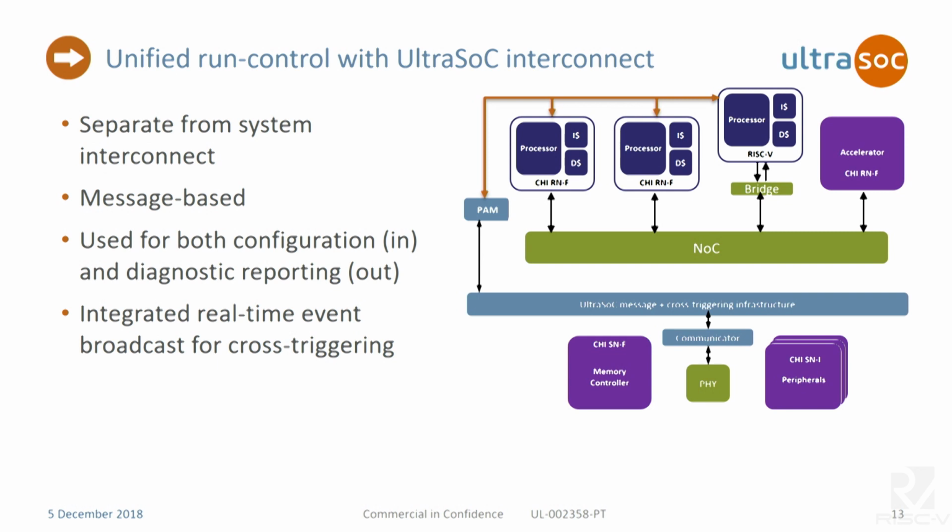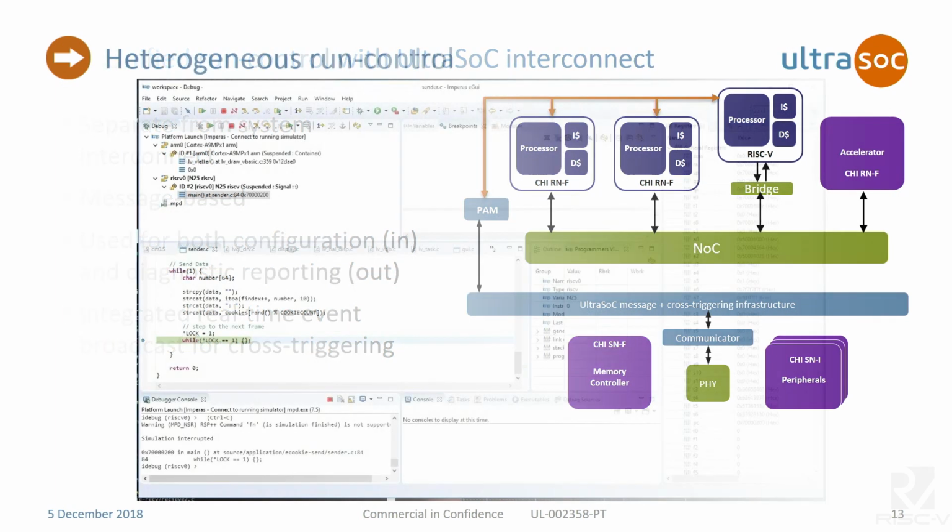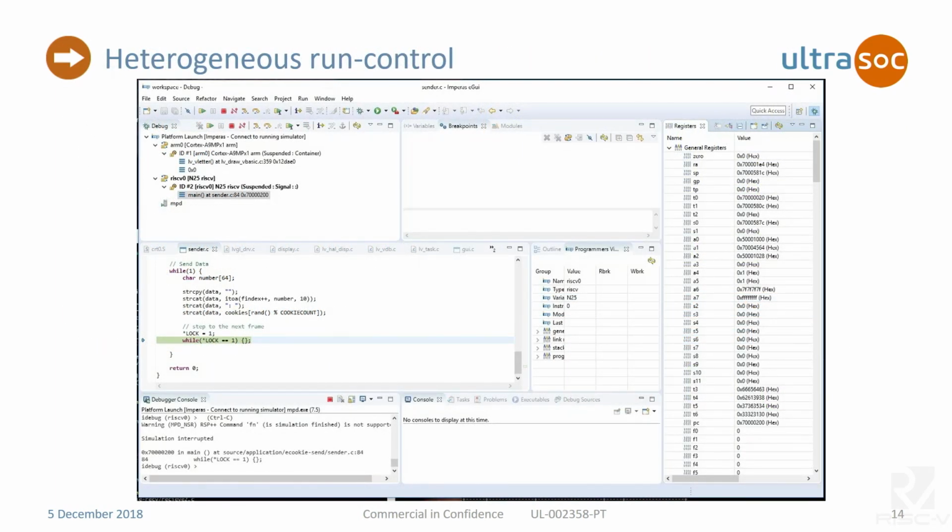This blue block here, the message engine, needs to support runtime cross-triggering, as well as transferring of data to and from the modules. And you need to support visualization of all the cores, be it RISC-V, be it ARMs, in one cockpit. This is an example of one cockpit that we have that shows very simple programs running on the ARMs and the RISC-V, but in one cockpit.